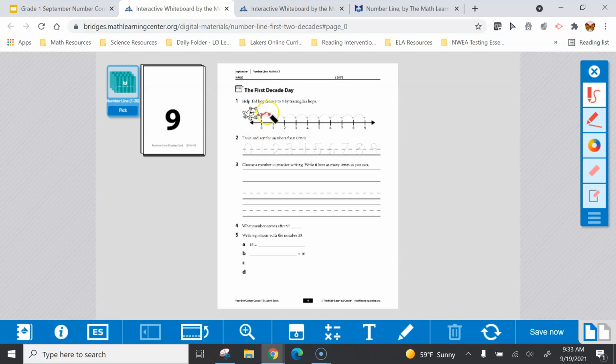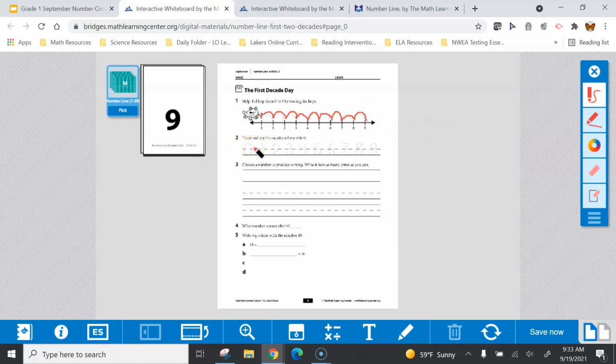Let's hop and count. 1, 2, 3, 4, 5, 6, 7, 8, 9. Great job.